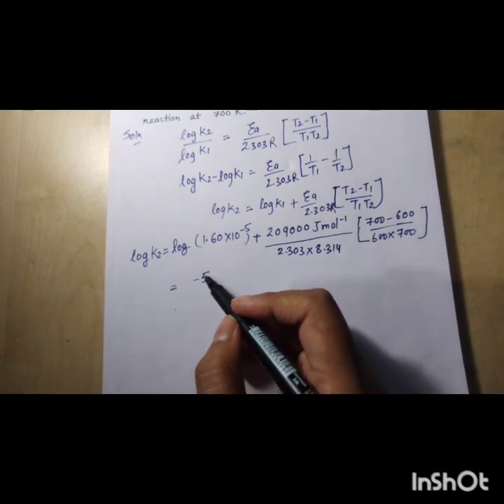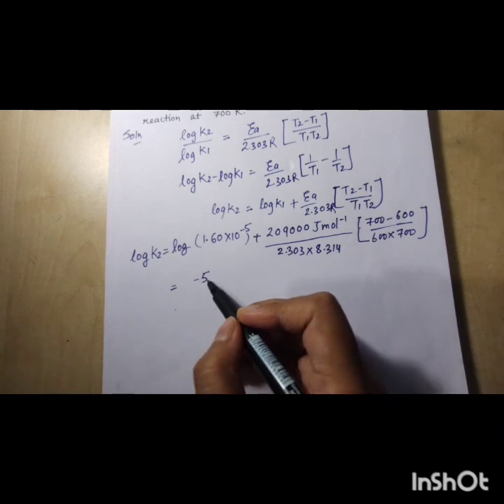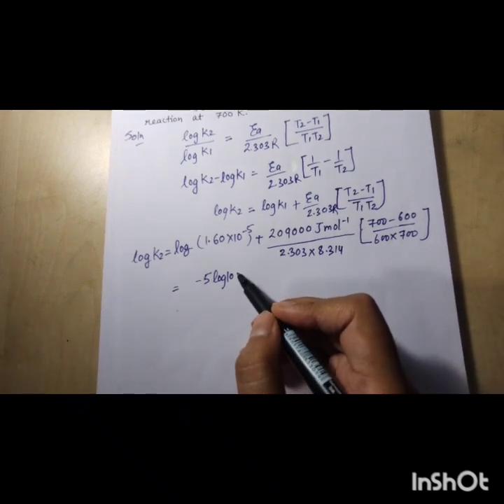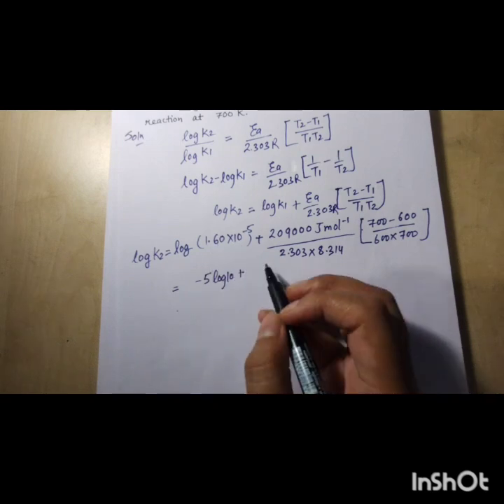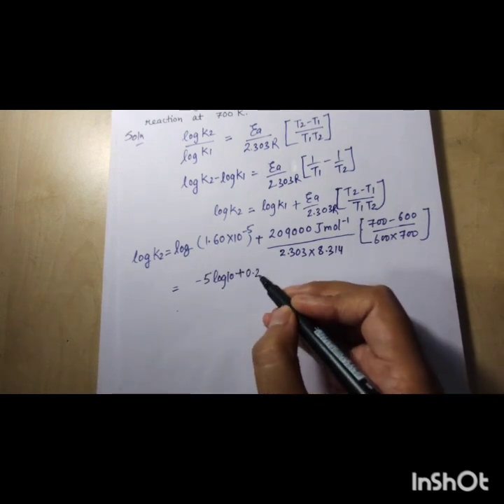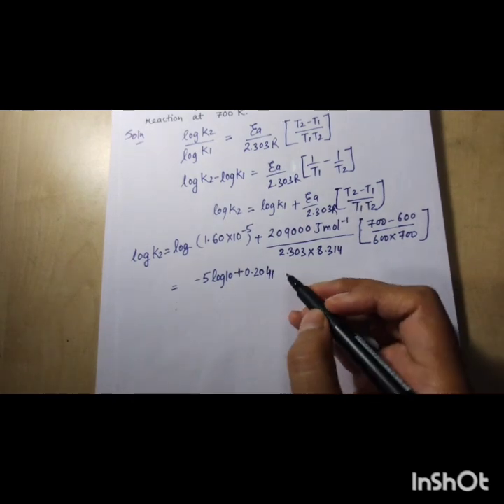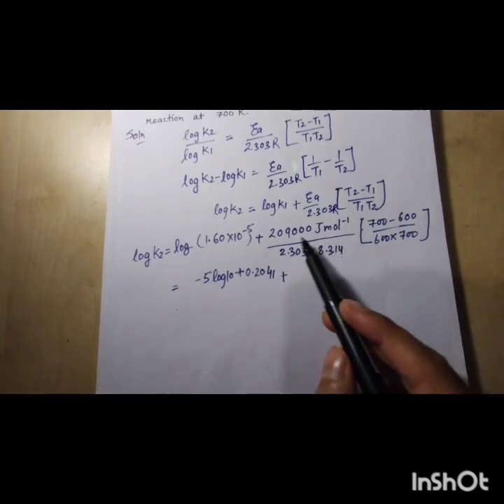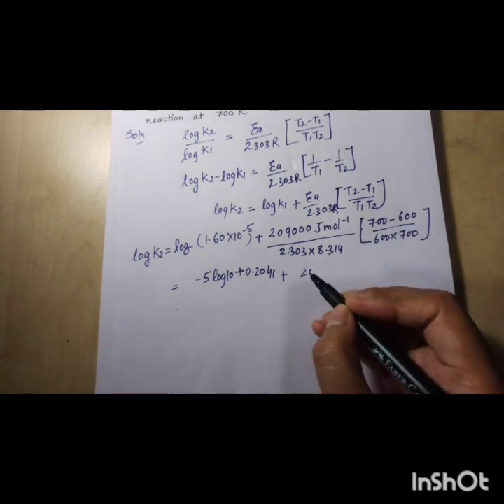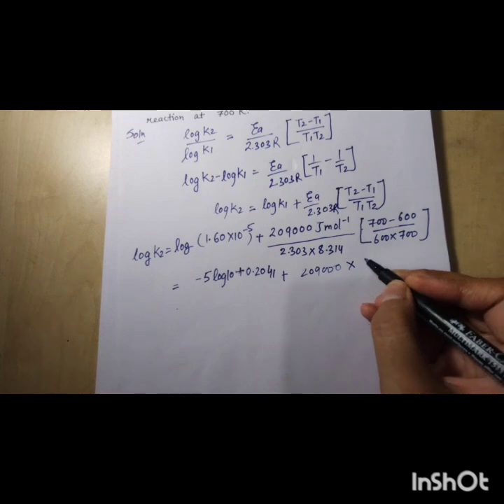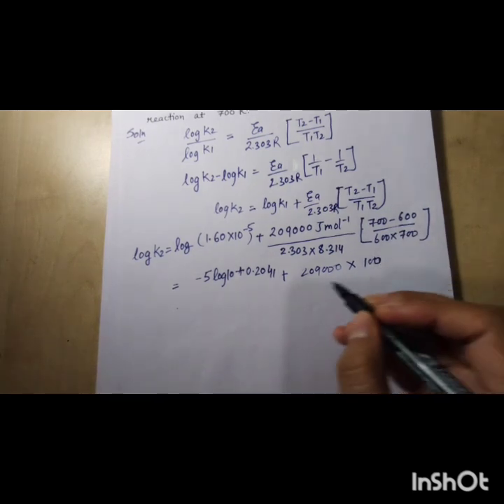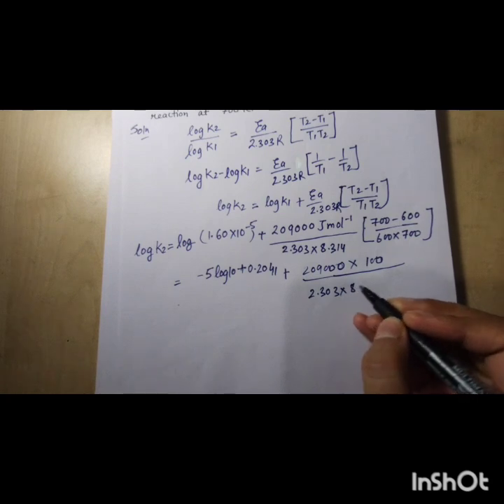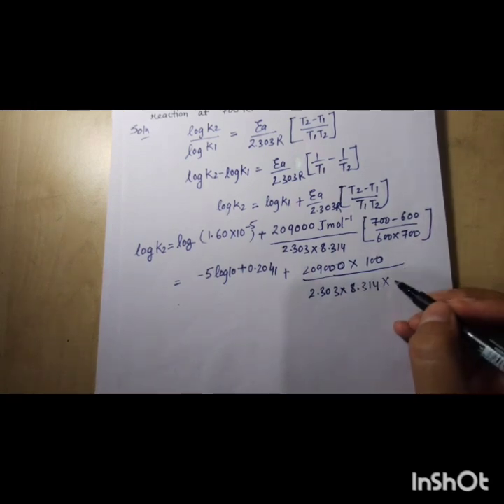We can write it like this, minus 5 log 10, which can be written as minus 5 because log 10 value is 1, and log 1.60 value is 0.2041, plus, after solving this part, 209000 into 100 divided by 2.303 into 8.314 multiplied by 420000.